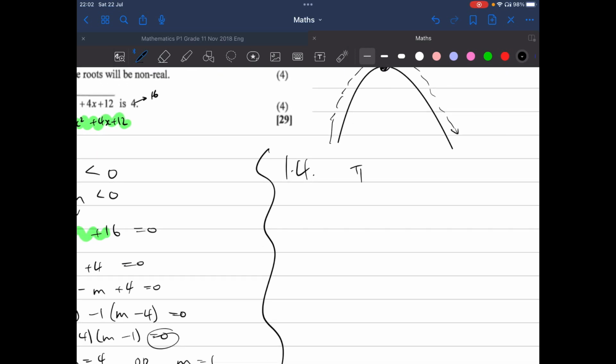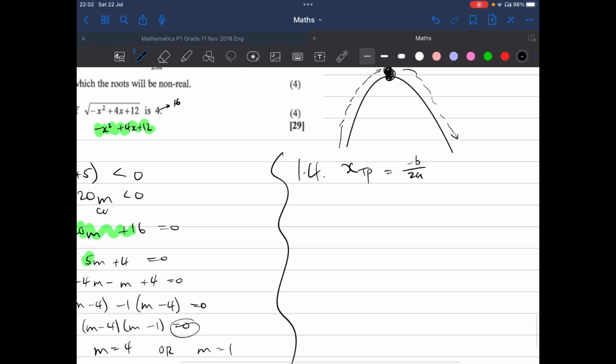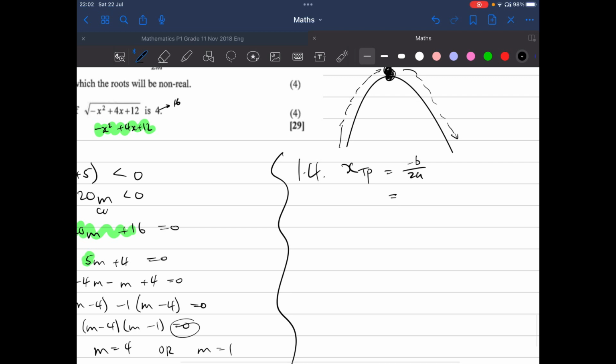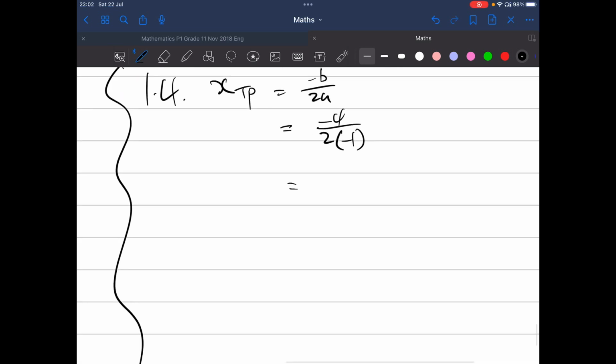So the x value of the turning point equals minus b over 2a. So minus b in this case will be minus 4 over 2a, so 2 times minus 1, and the answer to that is 2.